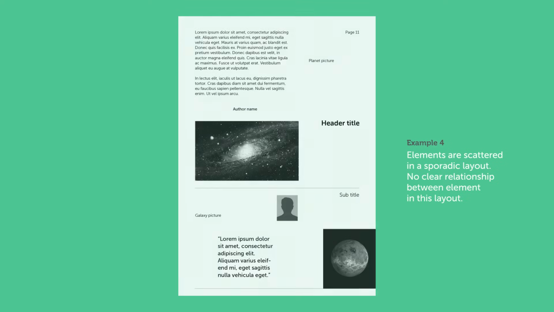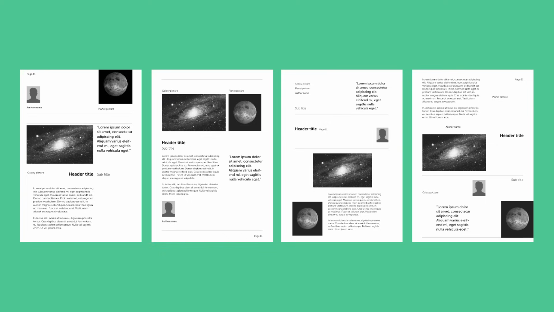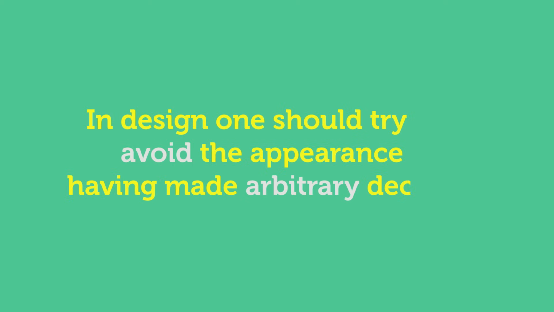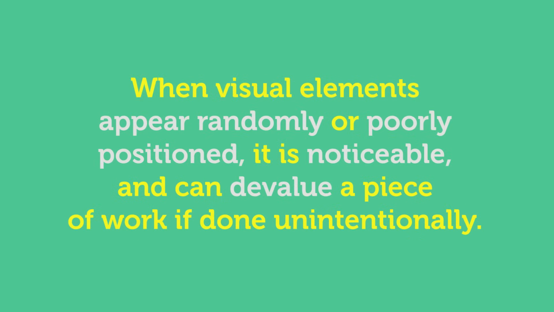Here we can see the same message, but laid out in various different ways. We can see which one is the most comprehensible here. In design, one should try and avoid the appearance of having made arbitrary decisions. When visual elements appear randomly or poorly positioned, it is noticeable and can devalue a piece of work if done unintentionally.